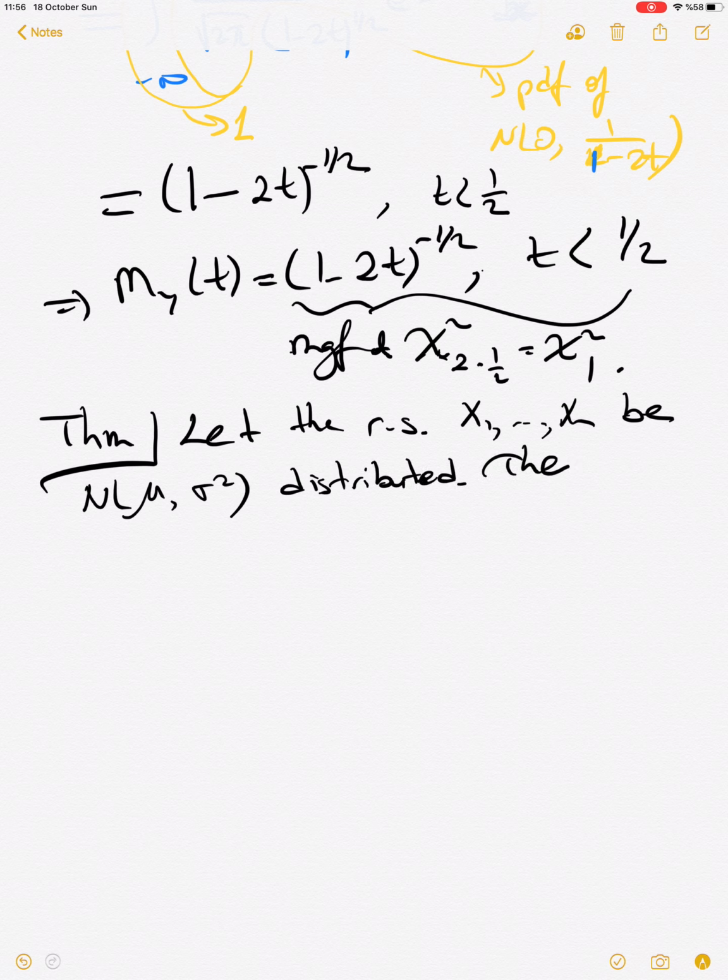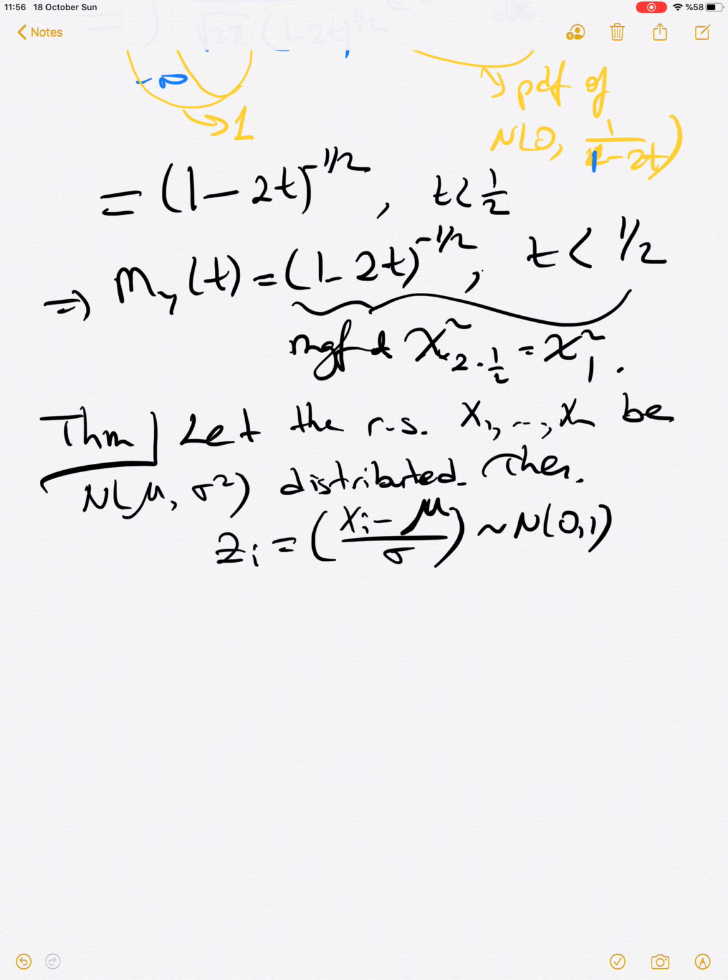Then, when we consider Z_i equals (X_i minus mu) over sigma, it is normal 0, 1. With this transformation, again you can simply use moment generating functions to show that, or any transformation rule.